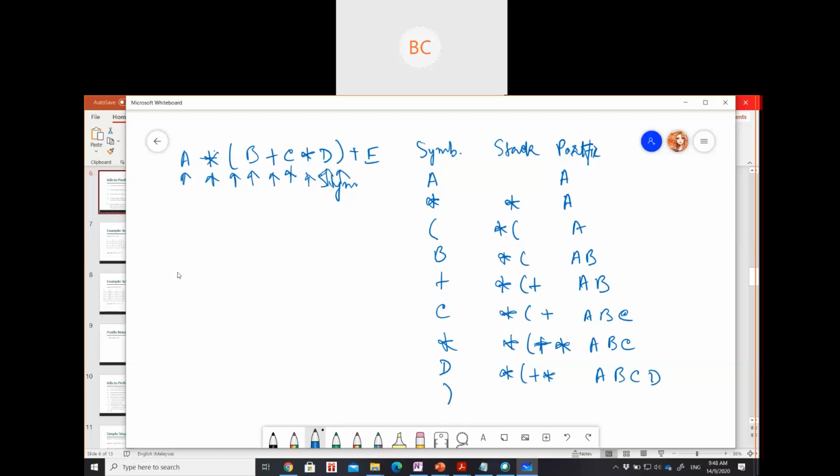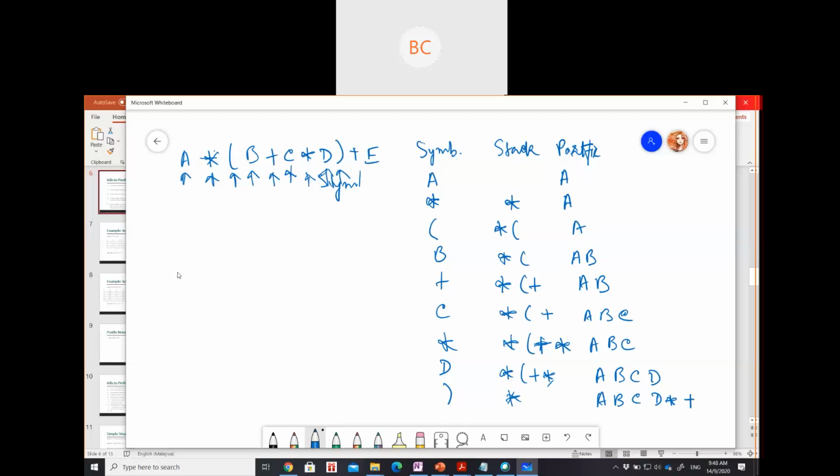What you will do, you are simply going to pop out all these symbols, including the opening bracket, and keep them in your postfix notation. Correct? So you will pop one by one. First is your multiplication, then is your plus symbol. Correct? So whenever you get an opening bracket, you just wait for the next closing bracket.